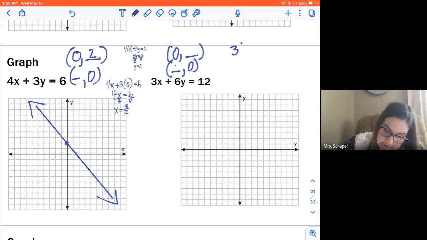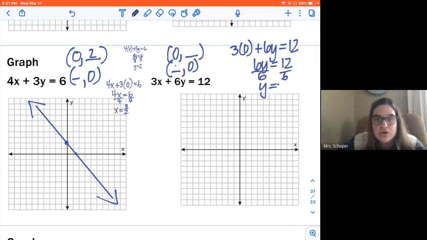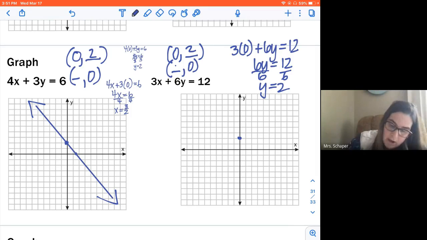So 3 times 0 plus 6y equals 12. 6y equals 12. Divide by 6. Y equals 2. So my y-intercept, again, oddly, is 2. Now I'm going to do the same thing for the x-intercept.